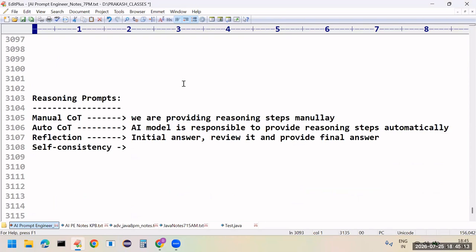The second one we discussed was auto COT. What is auto COT? We ask the AI model to generate reasoning steps automatically. We won't write any reasoning steps. Based on the available information, ChatGPT has to take these reasoning steps automatically.